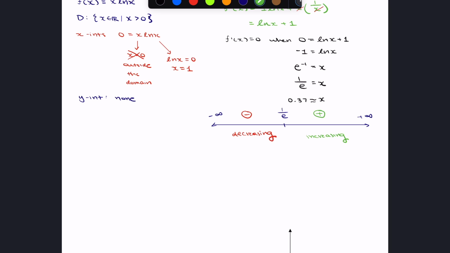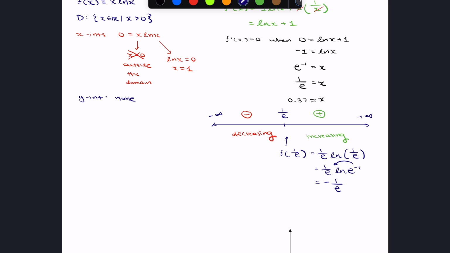And so here at 1 over e, I'm going to sub that back into our original equation. So (1 over e) ln (1 over e). Here we have (1 over e) ln e to the power of negative 1. Here, if we move the exponent negative 1, we can rewrite it as negative 1 over e.